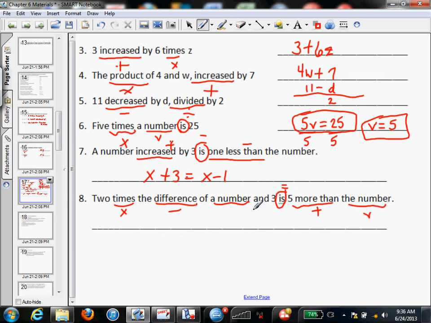So it's going to be our variable. If we write that out, it's going to look like 2 times this quantity, a number and its difference, so x minus 3, is the equal sign, 5 more than a number. So I like to write our number and then just plus 5.